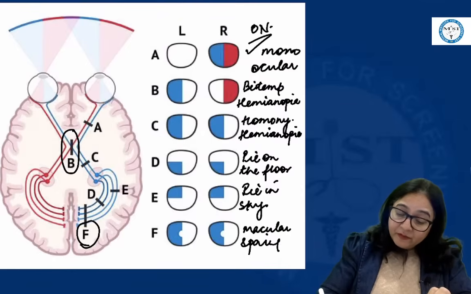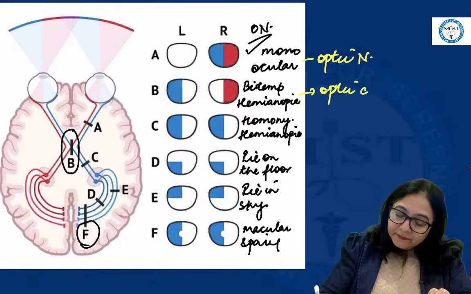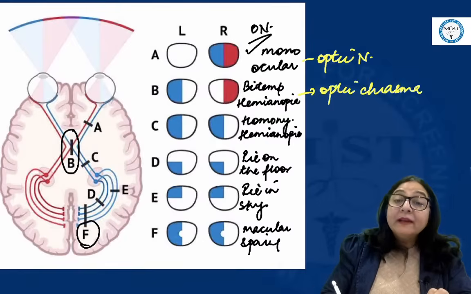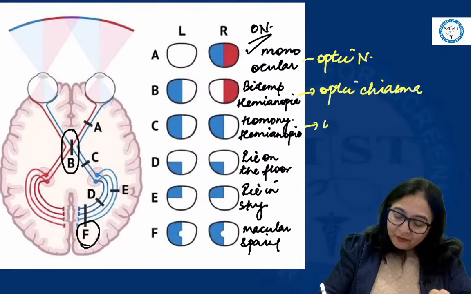If you want me to complete your notes here, I can do this. Optic chiasma for this one, so that when you get the PDF, everything is ready for you. Optic tract.